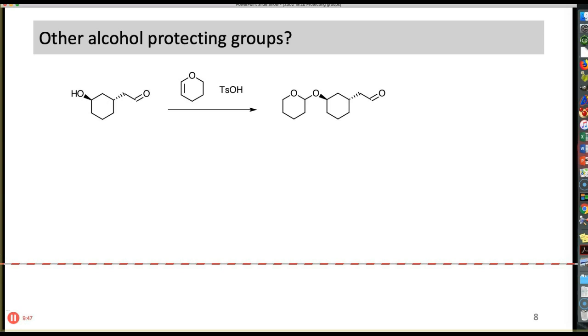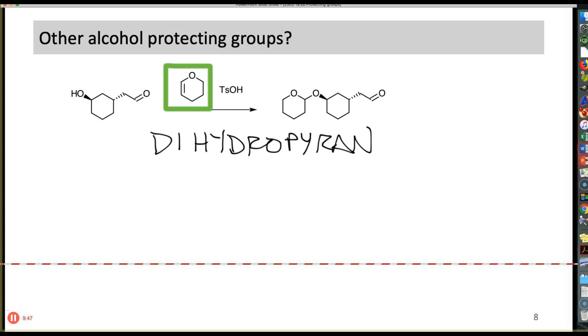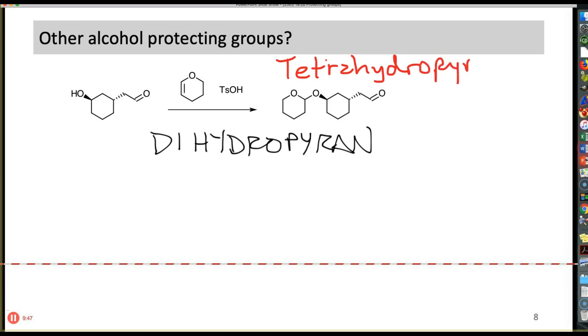This is called dihydropyran, this guy right here. And this is the product. The alcohol is clearly protected. It is a tetrahydropyranyl ether.